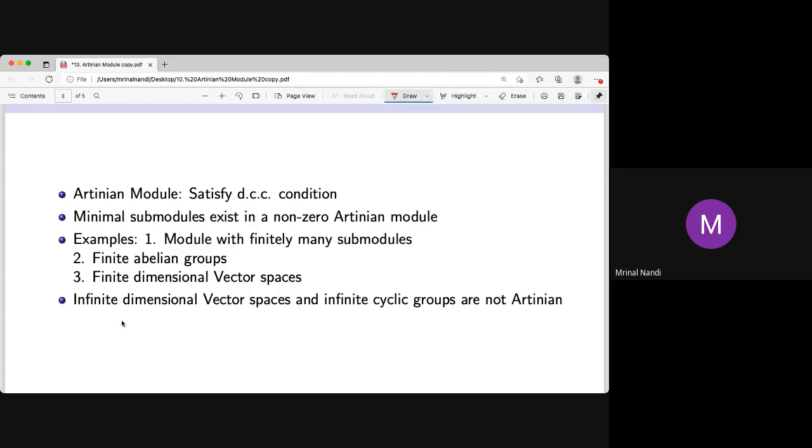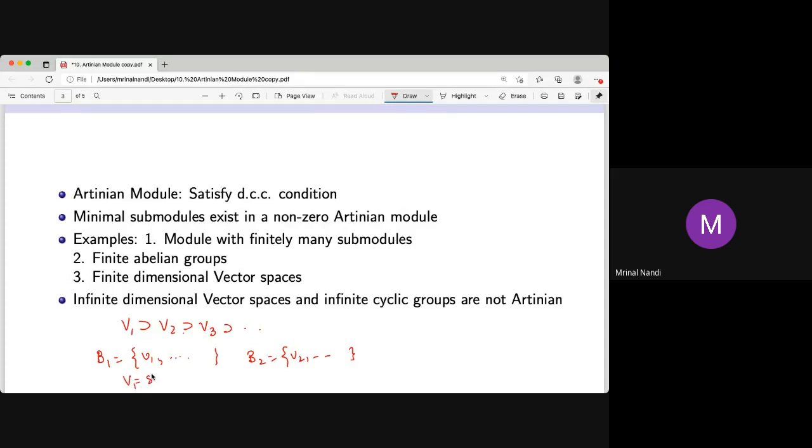Why? If V is an infinite dimensional vector space, then we have V1, a subspace which is infinite dimensional. Then again V2 is a proper subspace which is infinite dimensional, and so on and so forth. Take a countable basis, say B1 is a countable basis. Now take B2, just starting from the second element.